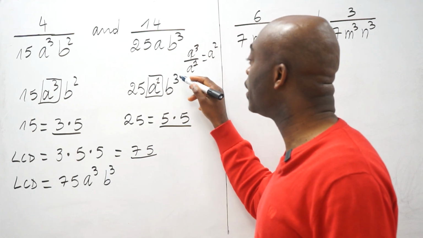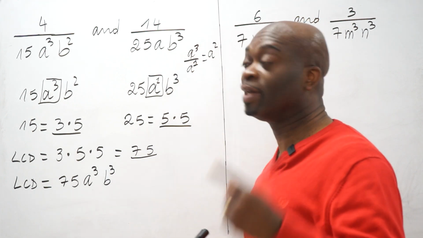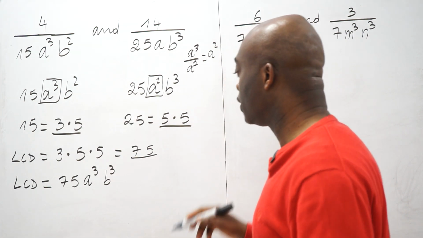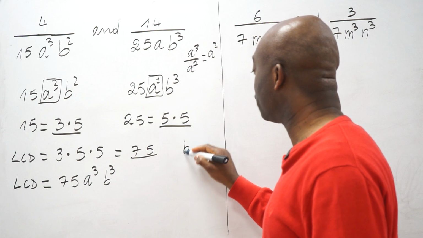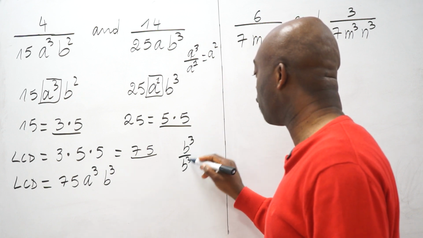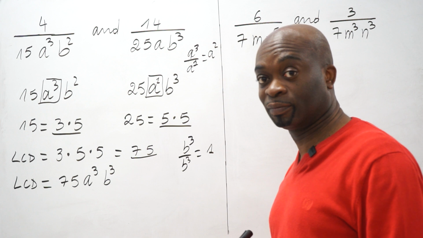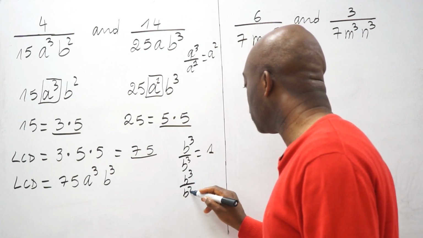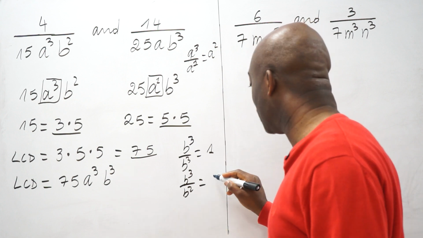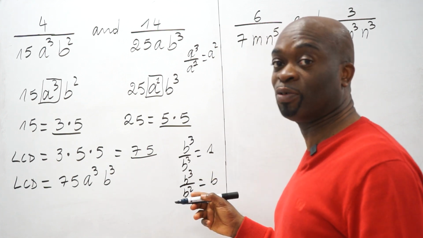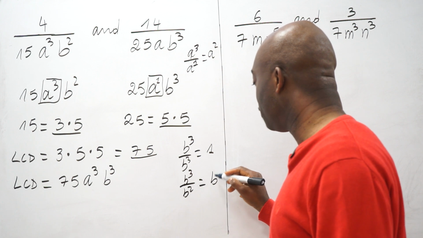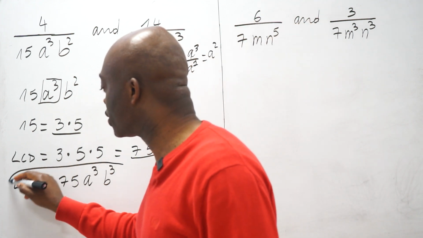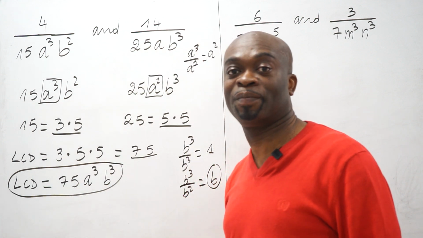Because b^3 divided by b^3 gives 1, and b^3 divided by b^2 gives b^1, since you subtract the powers: 3 minus 2 is 1. So, ladies and gentlemen, we are finished with the lowest common denominator here.